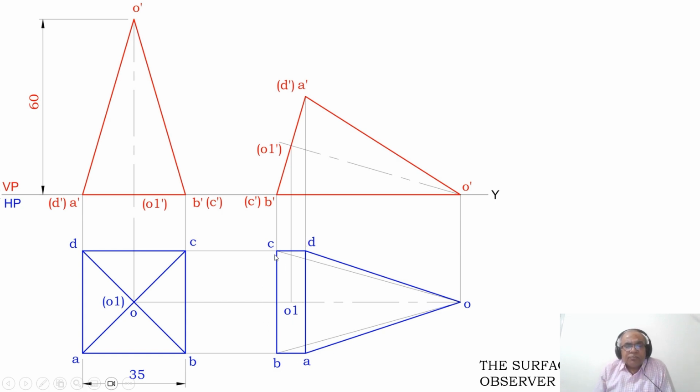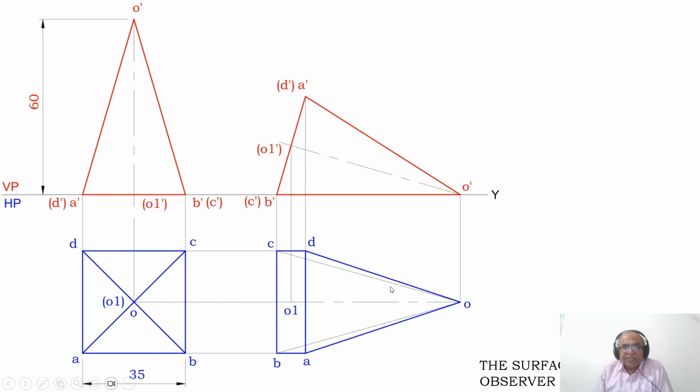But then what happens to the position of OC and OB? Since OC and OB are crossing the visible edge AD, and two visible edges can never cross each other, once AD becomes visible, OC and OB will automatically become invisible.